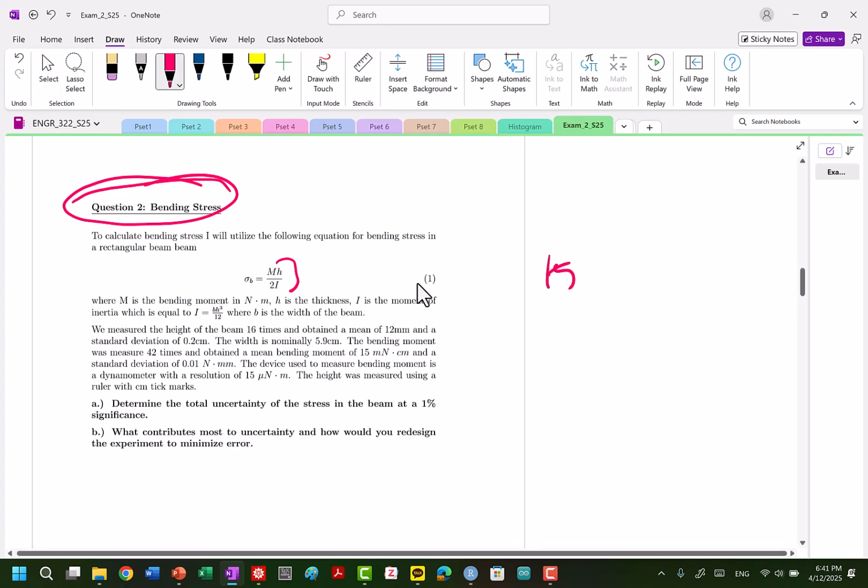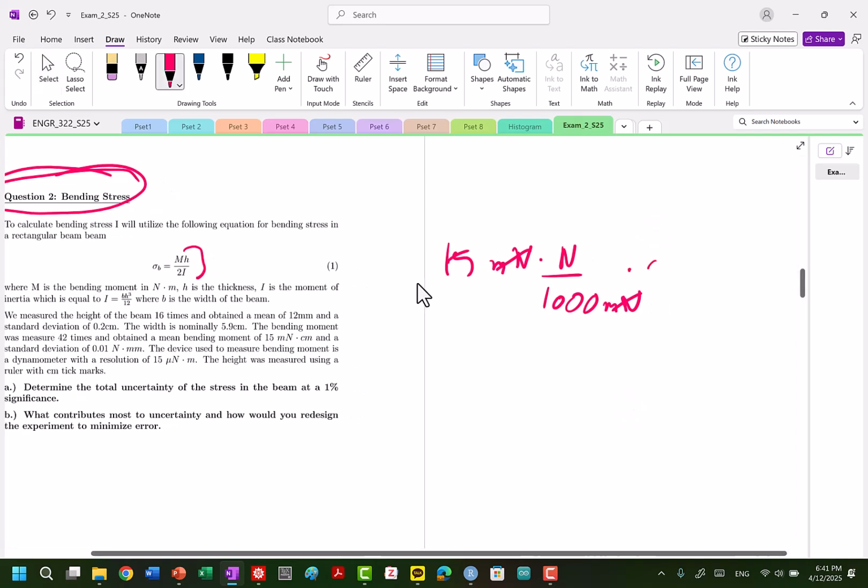So 15 millinewtons times, in 1 newton there are 1,000 millinewtons, and then it's also times centimeters, where in 1 meter there are 100 centimeters.